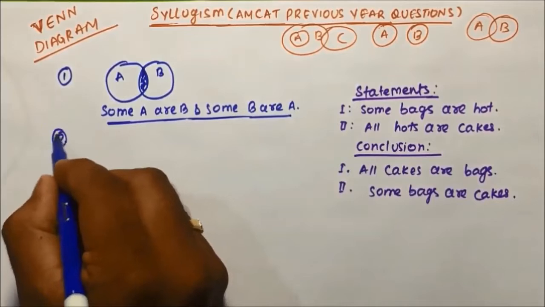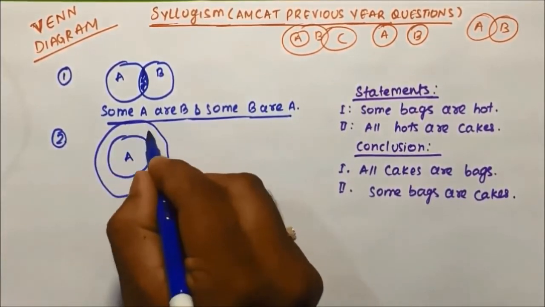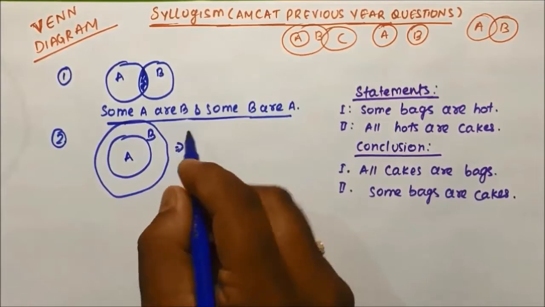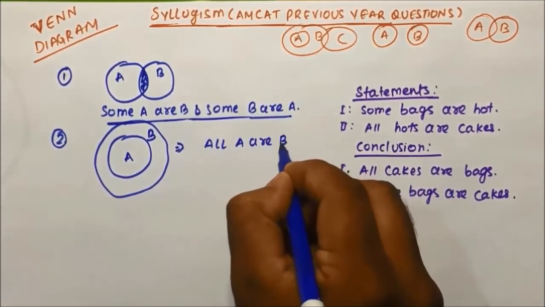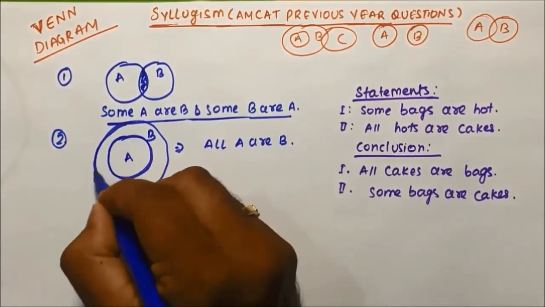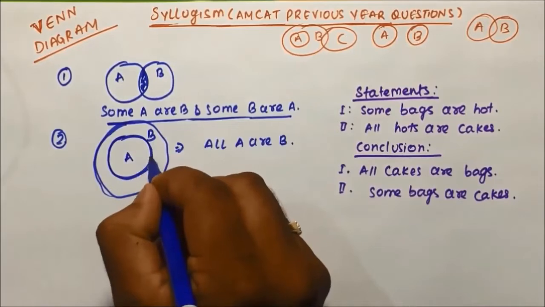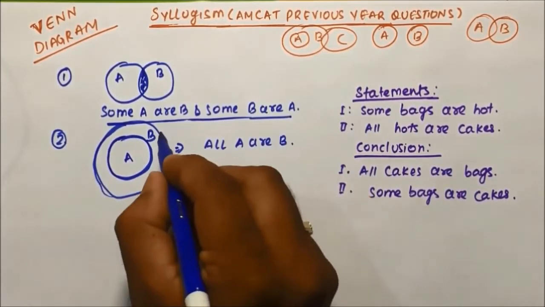Now let's understand the second one. Suppose this is A and this is B. From here you can say all A are B, because all A is inside B, right? Now what about B?